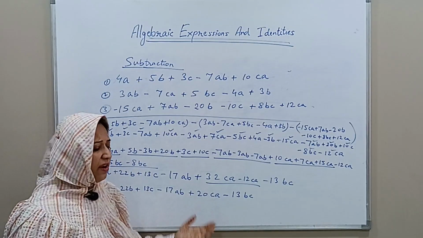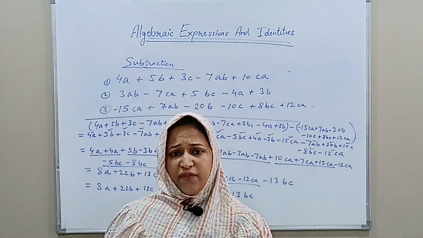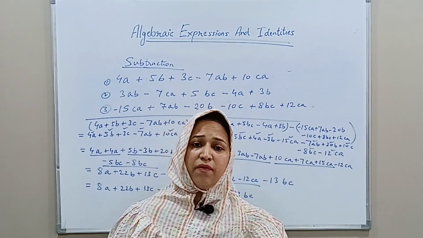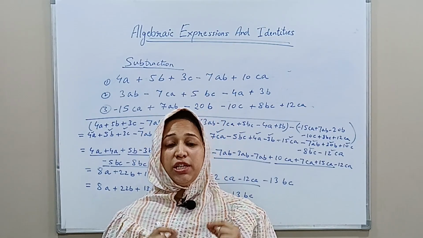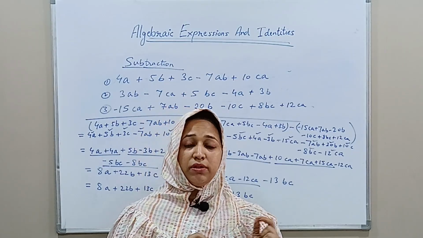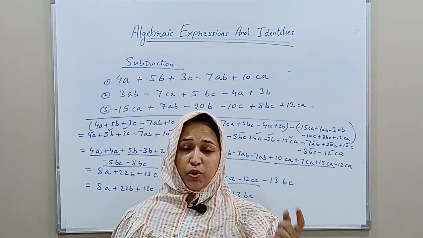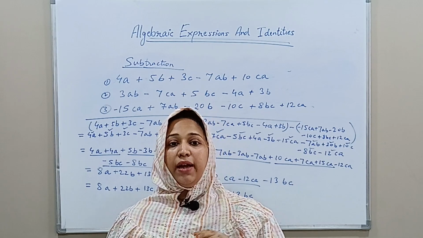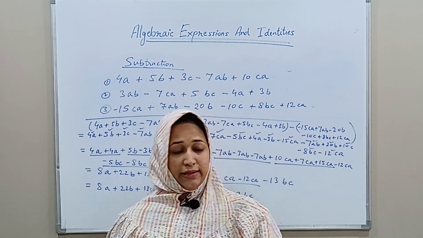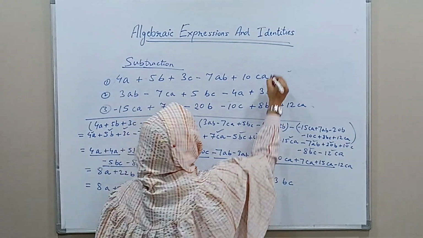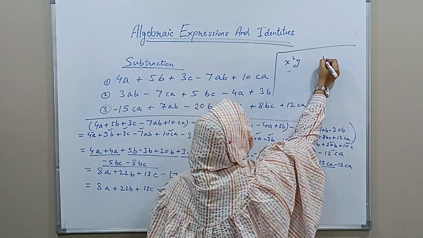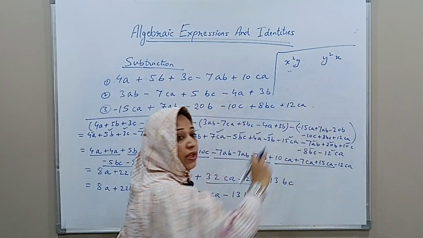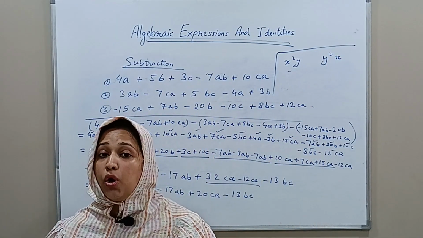Now you may have a variable with 3 alphabets or 4 alphabets or having powers of 2, 3, 5. So you have to consider each of them when you find out the like term or unlike term, like x square y and y square x. Okay, let us understand what I am saying. If I say x square y and y square x, they are unlike terms, they are not like terms.